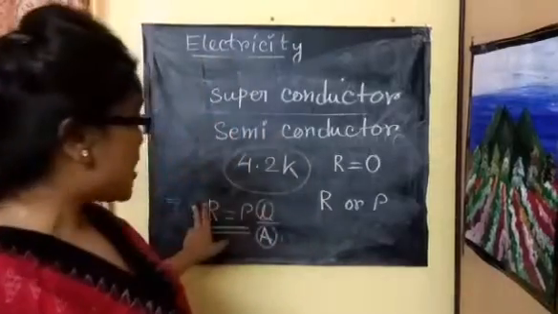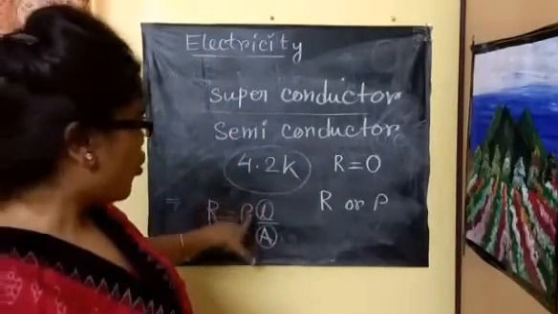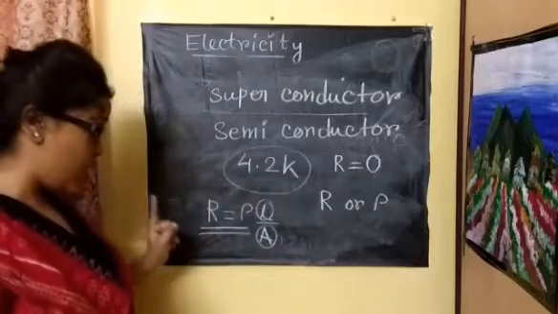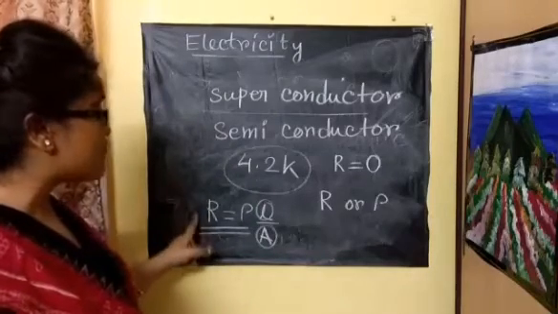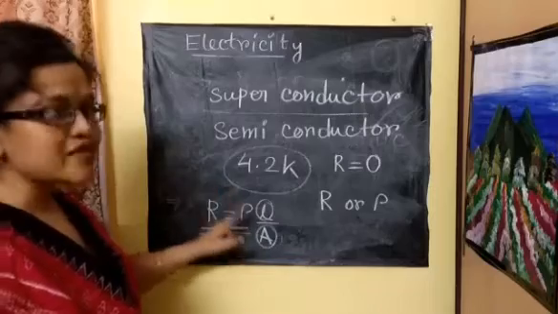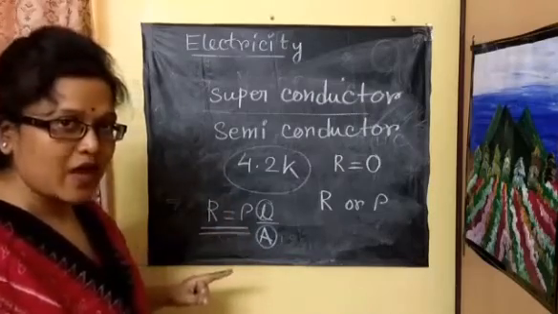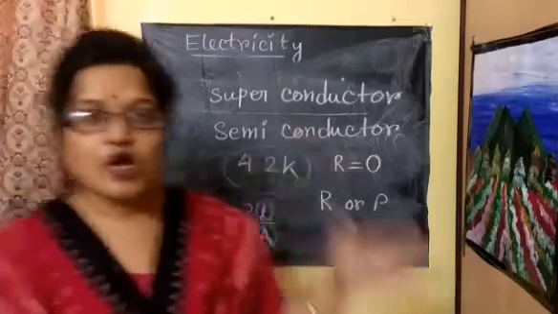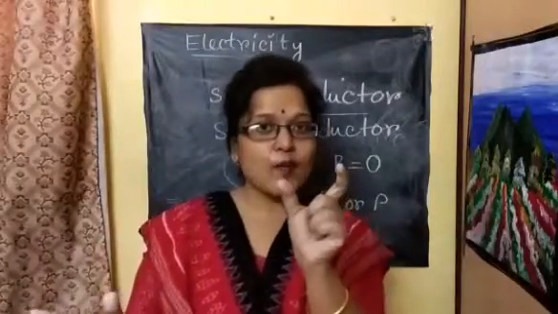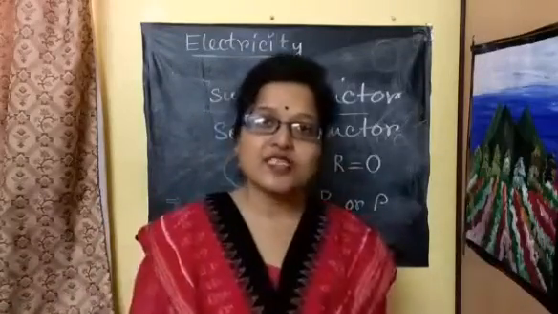But resistance depends on rho; rho does not depend on R. What kind of resistance will be offered by the conductor depends on rho, but rho is a material-dependent phenomenon. A 100-meter copper wire's resistivity and a 1-meter copper wire's resistivity will both be the same, no problem.